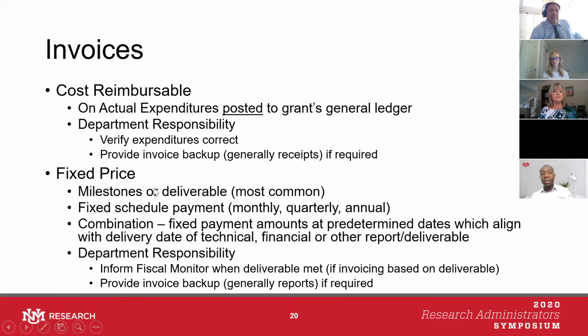So all grants require some sort of reporting or invoicing to the agency or the sponsor. And billing or invoicing comprises a cash drawdown from the sponsor to pay down the award. The basis for the drawdown can either be cost reimbursable or fixed price.